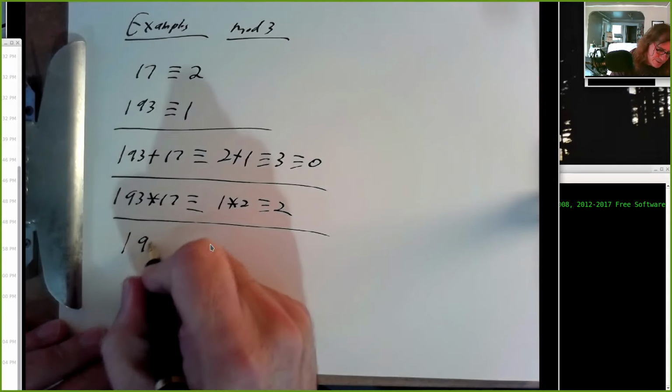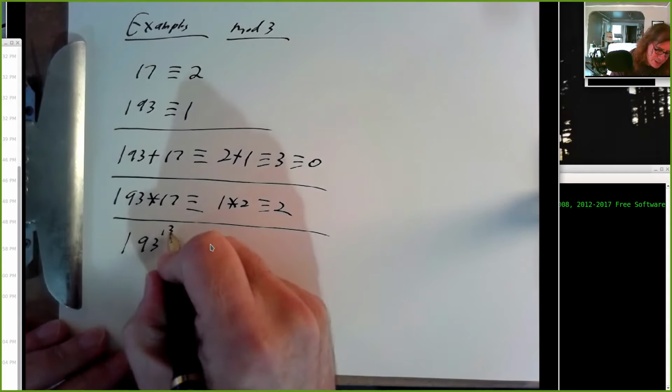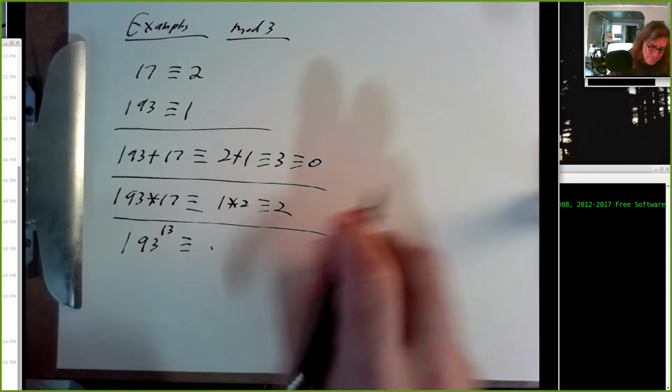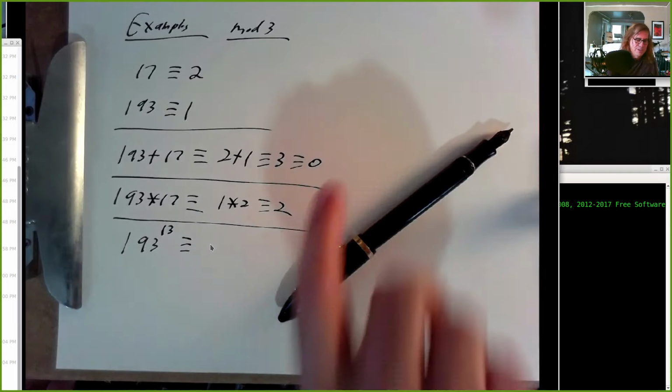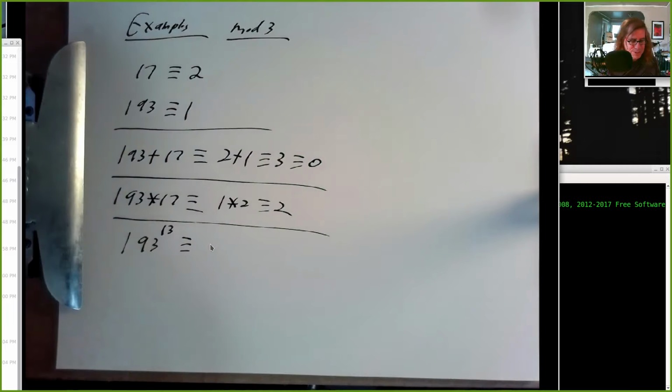Suppose I want to take 193 and raise it to the 13th power. What remainder am I going to get when I divide that by 3? Well, 193 is congruent to 1.